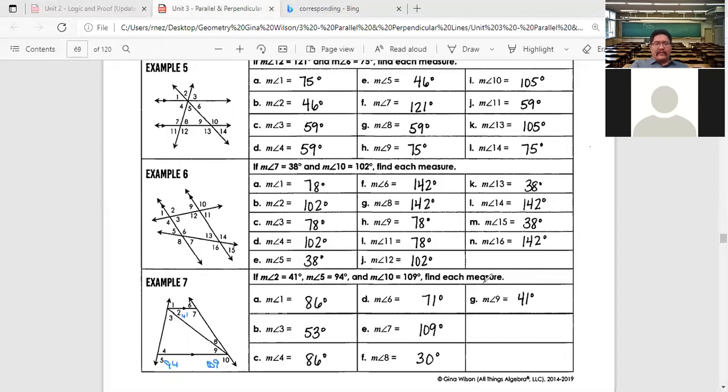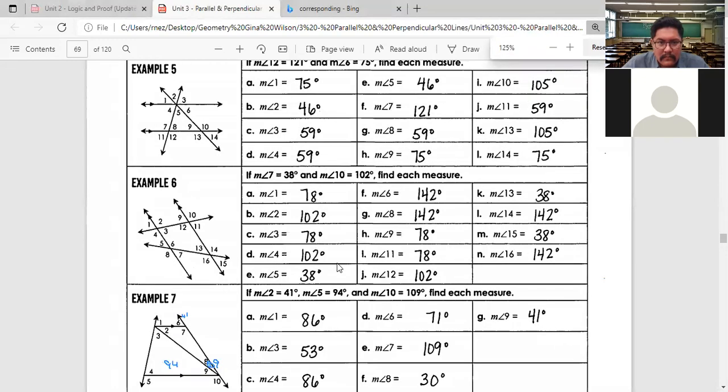All right, measure of angle 6, what do we have? Where is 6? Oh, right here, right under this little number. Almost missed it. Maybe I'll zoom in a little bit on that one. Okay, I can't really zoom in on it. Oh, there we go.